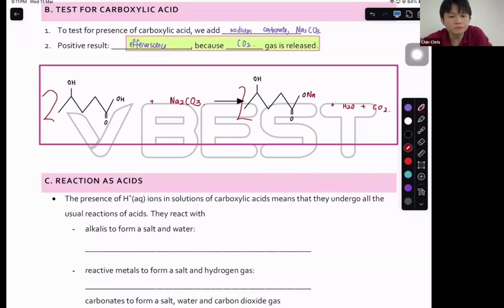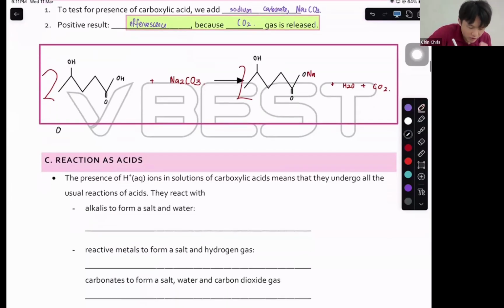Alright, guys, next. Why sodium metal is not suitable to be used to test? Let's say, okay, I want you guys to write a Q here. Why sodium metal is not suitable to use to test for COOH? What's the reason? Anyone? Yes, with the alcohol. Yes, correct.